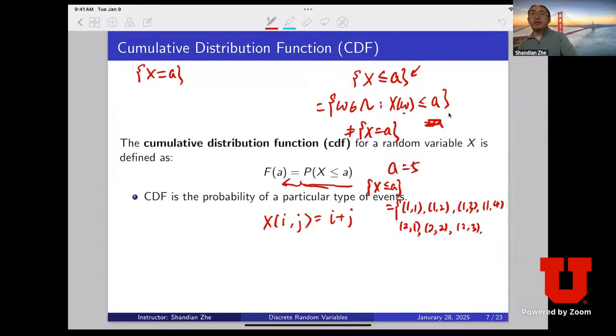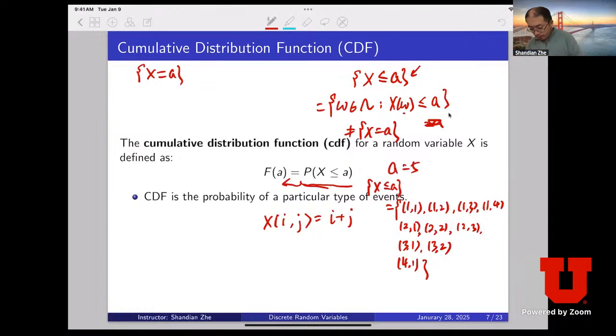Do we have (2,4)? No, right? Okay. Start with 3: (3,1), (3,2), right? Do we have (3,3)? No, right? 3 plus 3 is 6, it's bigger than 5. And eventually (4,1), right? We won't have (5,1) because 5 plus 1 is bigger than 5. So this is what the event X less than or equal to A represents.